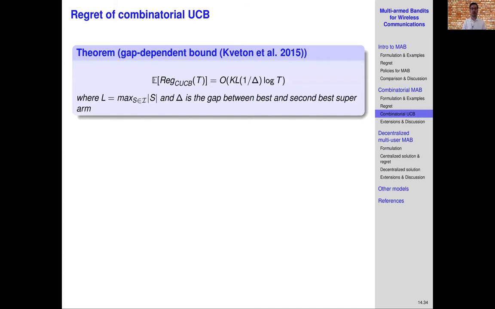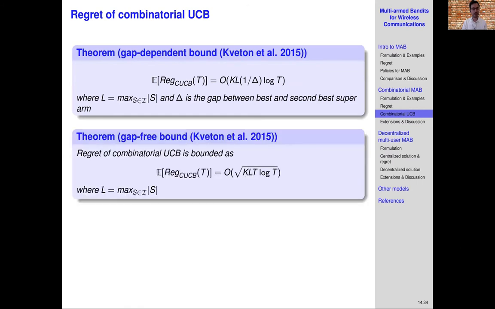This theorem characterizes the gap-dependent regret bound for the CUCB algorithm. It basically says that the gap-dependent regret increases logarithmically over time. Moreover, it's proportional to K times L times 1 over delta, where K is the number of base arms, L is the maximum number of base arms in a superarm, and delta is the gap between the best and the second best superarm.